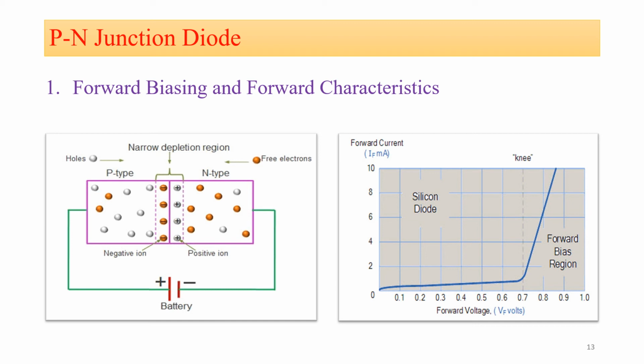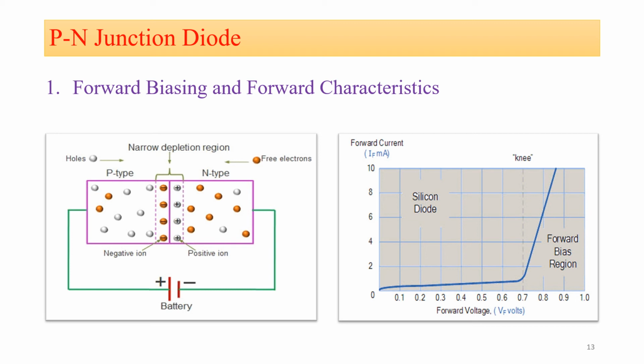When you increase the battery voltage, the negative immobile ions which are present at the junction on the p side will be attracted towards the positive terminal of the battery. Similarly, the positive immobile ions which are present at the junction on the n side will be attracted towards the negative terminal of the battery.